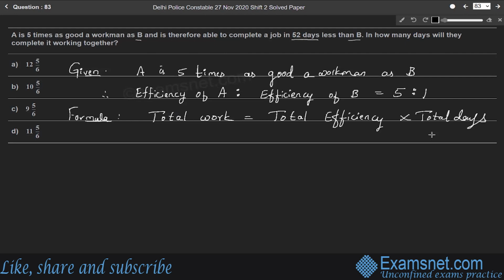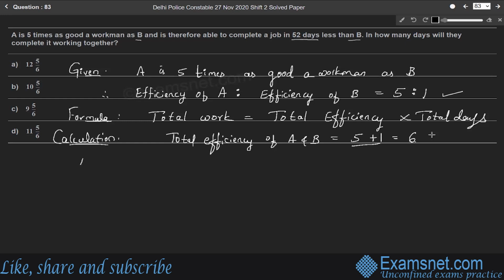So come to the calculation part. So ratio of their efficiency is 5 is to 1. Therefore, total efficiency of A and B is equal to, let us consider their efficiency is equal to total of their ratio, that is 5 plus 1 is equal to 6.